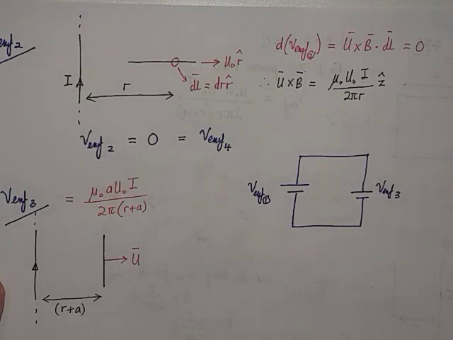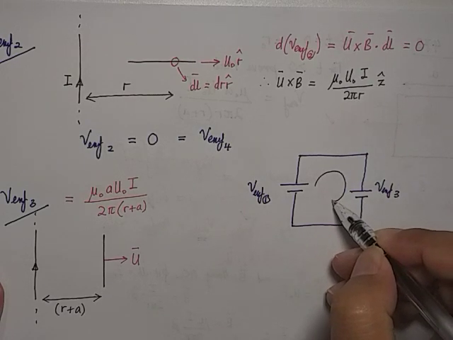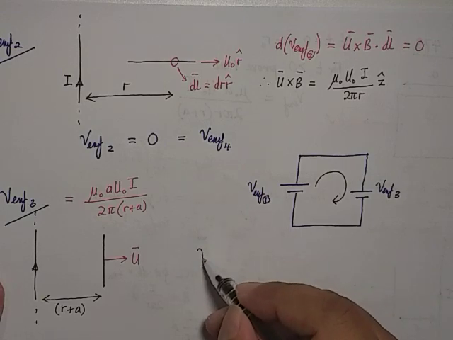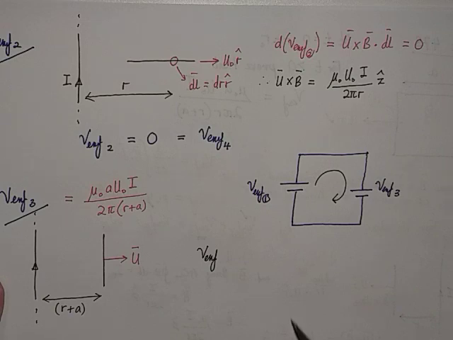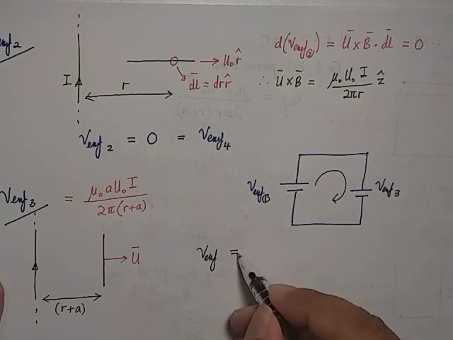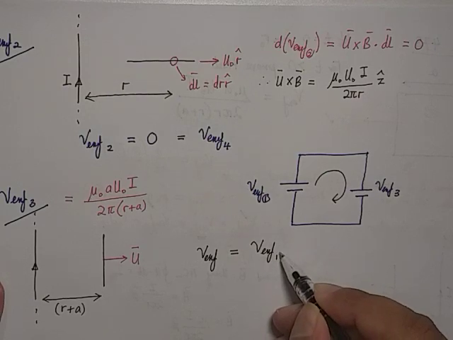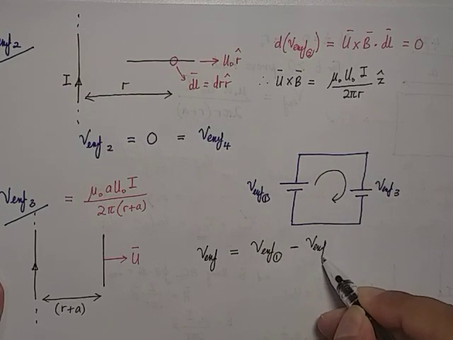So to find the final solution, I'm going to use what you have learned in circuit theory. That should be my final solution. So my VEMF, which is the resultant VEMF, should be equal to what based on circuit theory? Yes, VEMF of 1 minus VEMF of 3.